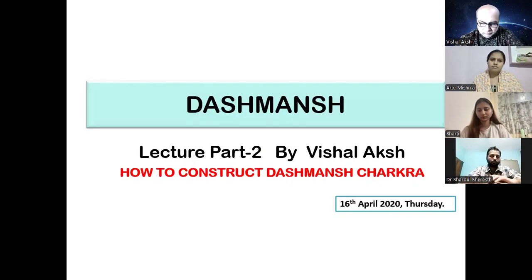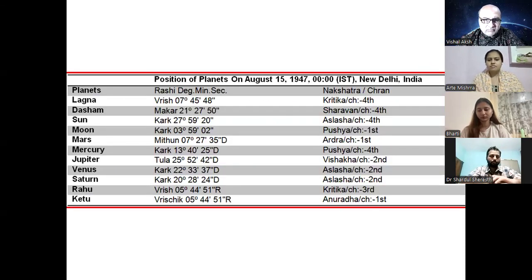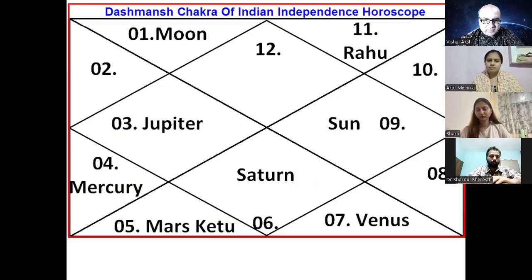This is the Dashmansh chart. So Saturn is in here. You say Saturn is under the influence of a Vedic Devta. What was the Devta? Rakshas.